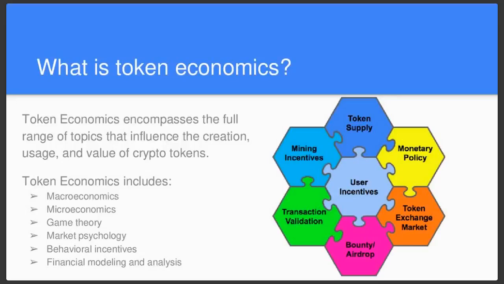Some people say tokenomics is all about, if you do a token sale, the allocation of the token: how much is allocated for the investors, the founding team, the community, etc. Some define tokenomics as the usage of the tokens, and some define it as macroeconomics and microeconomics, etc. From my personal view, tokenomics encompasses a full range of topics that influence the creation, usage, and value of the token.